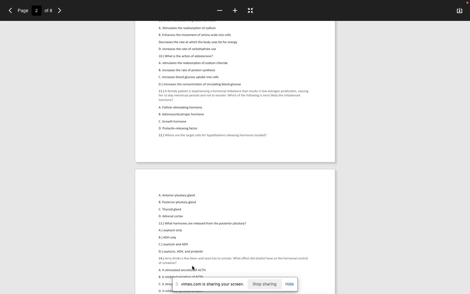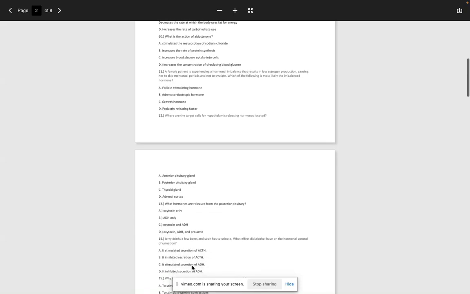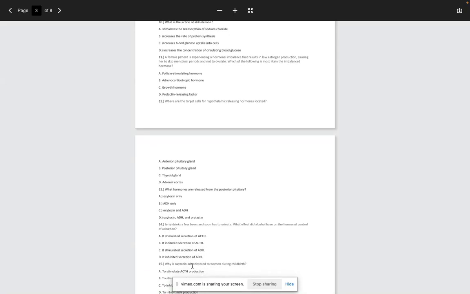Jerry drinks a few beers and soon has to urinate. What effect did alcohol have on hormonal control of urination? What do you guys think? What is responsible for causing us to pee and not causing us to pee? ADH, antidiuretic hormone, right? So it inhibited the secretion of ADH.